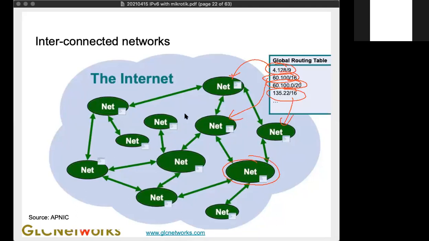The ISP must have a block of IP addresses, and your house is part of the internet. You are just one dot in the big internet. Right, so that's how the internet works.